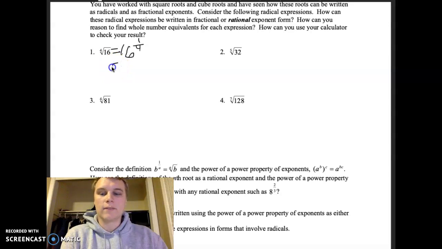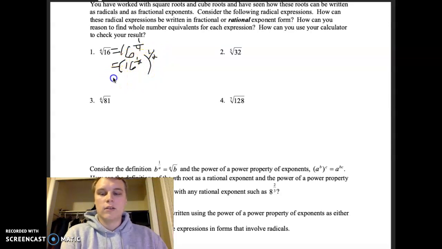So we can separate the 1/4, and remembering our power rules, this is the same thing as 16 to the 1/2 times 1/2. Okay? So if we did the exponents raised to an exponent, then the exponents multiply. And if we did that, it's 1/4.